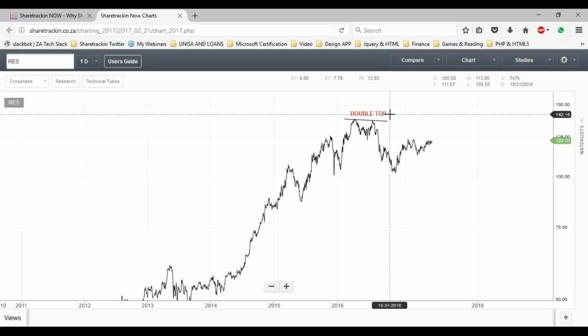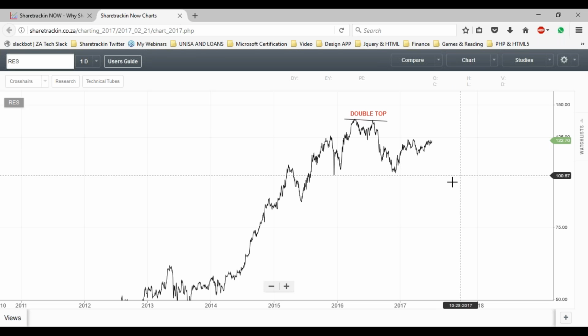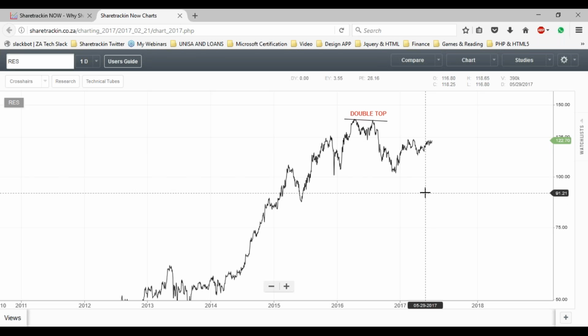If it's a triple top, it's a very strong level, which then means that the share prices will start to retrace back and we'll see a decline in share prices. The same goes for the inverse when we talk about a double bottom or a triple bottom.